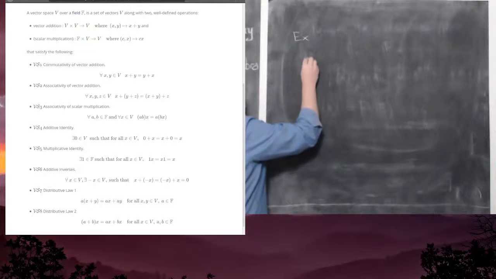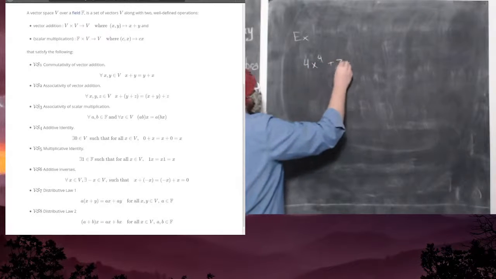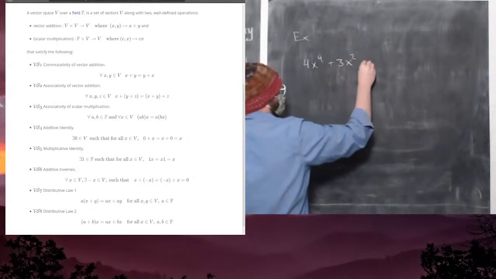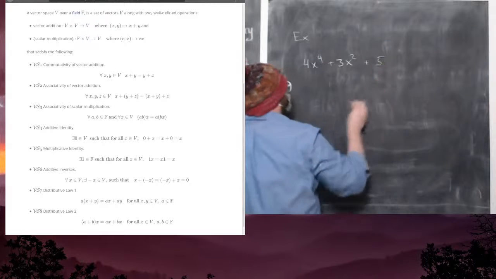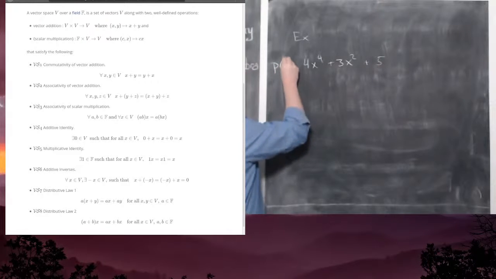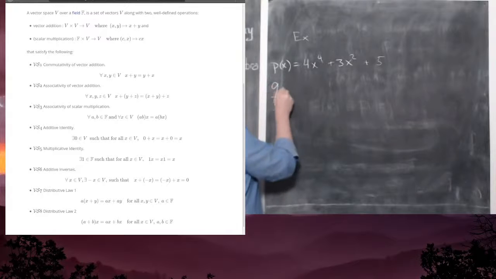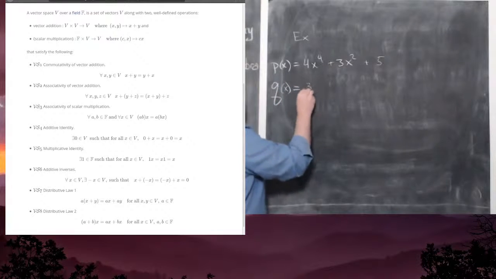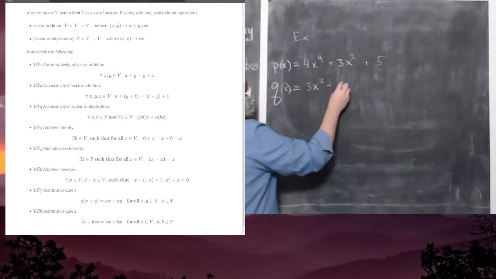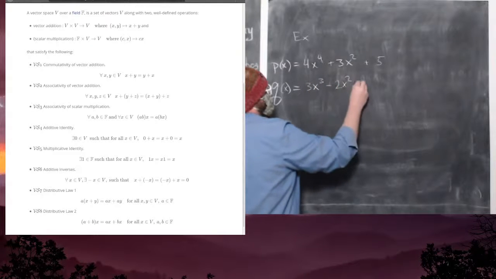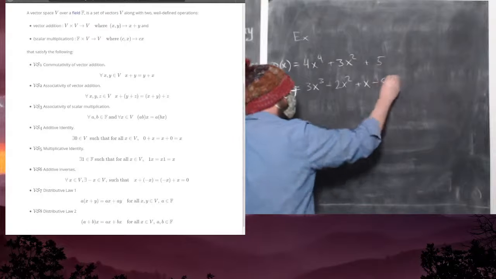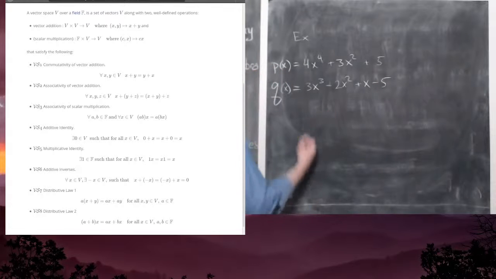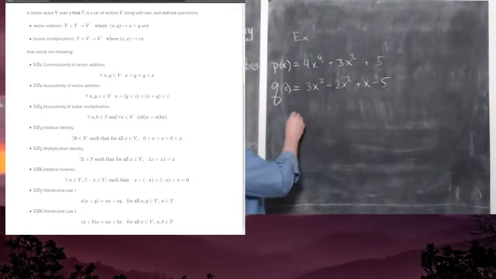If we had 4x^4 + 3x^2 + 5, let's say this is p(x), and q(x) is 3x^3 - 2x^2 + x - 5. You guys know this; it's like high school algebra stuff here.